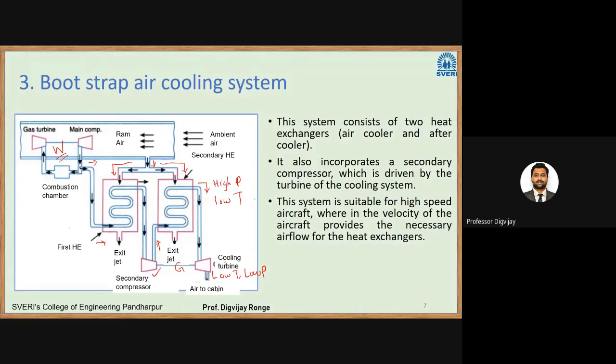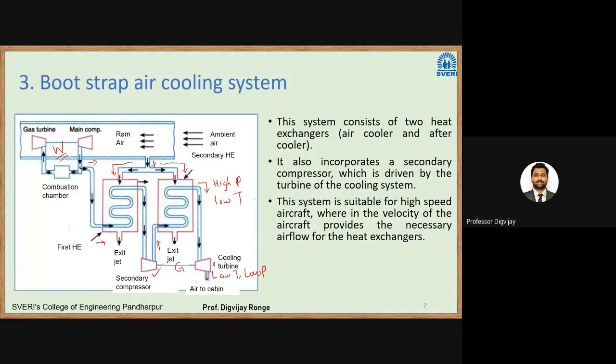The aircraft is moving at high velocity and the air has a relative velocity in the reverse direction, so we get high speed ram air, which we can use for cooling purposes. So this was the bootstrap air cooling system.